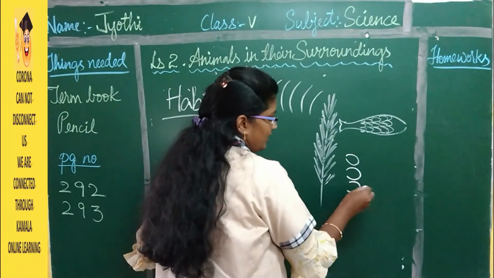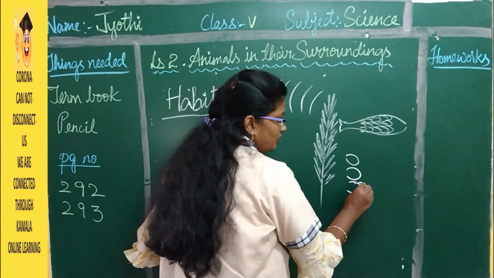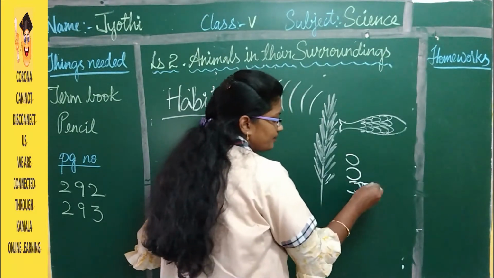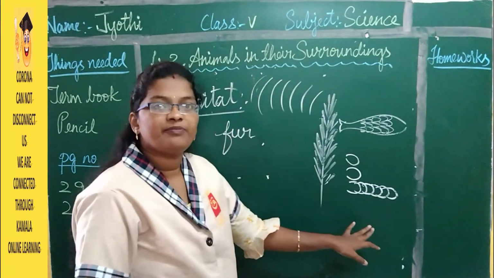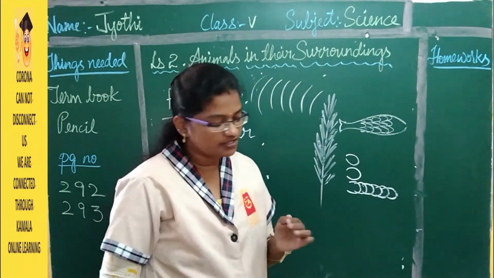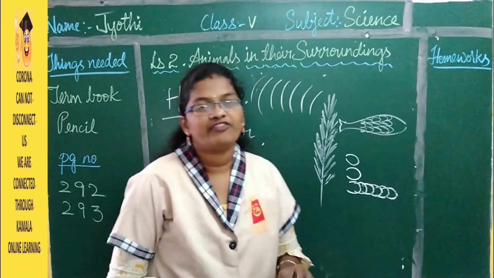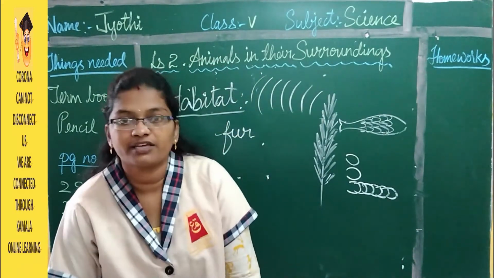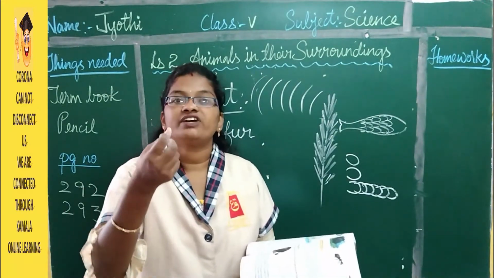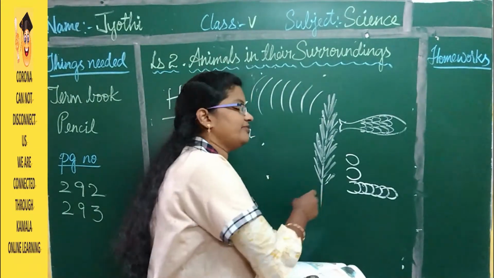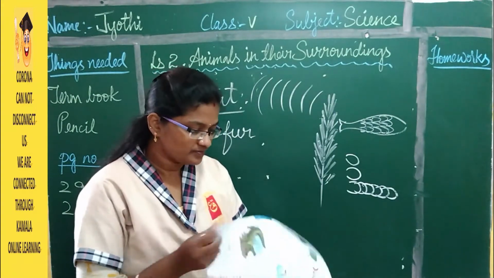They will be overlapping like this, one above the other, and they are always wet and a little hard, which protects them from enemies. And if you want to hold the fish, it will be very slippery.